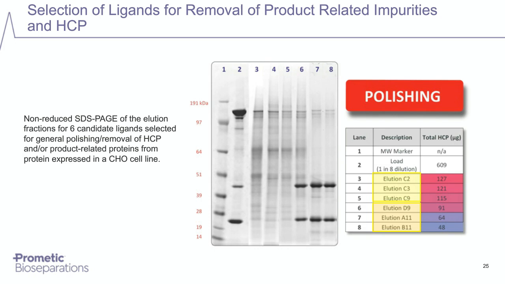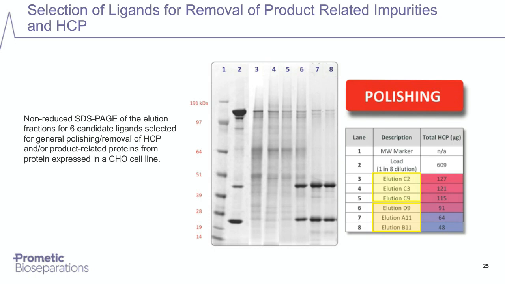So this is an example of how we can use the multi-mode mimetic ligands to select a ligand and adsorbent for the polishing of antibodies, for the removal of either HCP or product-related impurities or both. Once a ligand has been selected from that screening, we can then just contact Prometic.